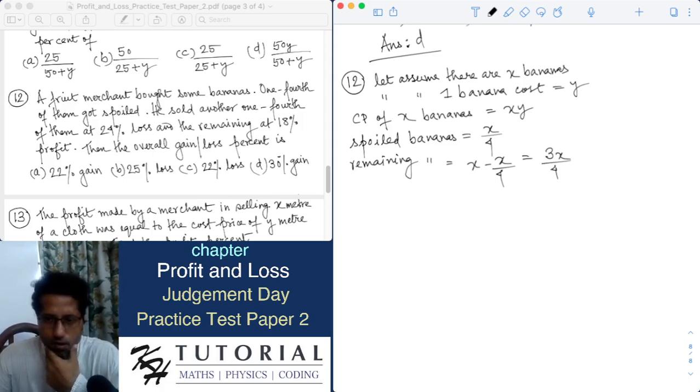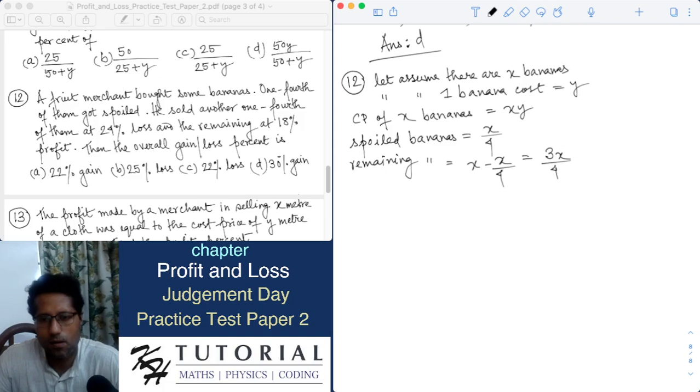Leaving the spoiled ones, the remaining number of bananas is 3x by 4. Now from these 3x by 4 bananas, he sold 1/4 of them at 24% loss.